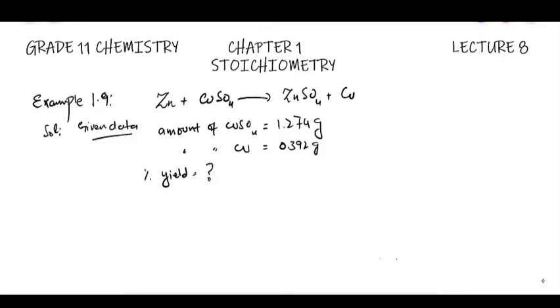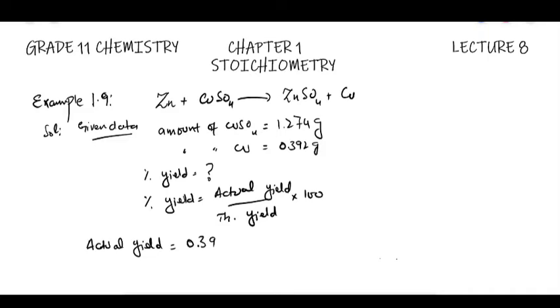So you already know that the percent yield is equal to actual yield divided by theoretical yield multiplied by 100. So what is the actual yield? The actual yield given to us is 0.392 grams of copper. So we have to actually calculate the percentage yield of copper.